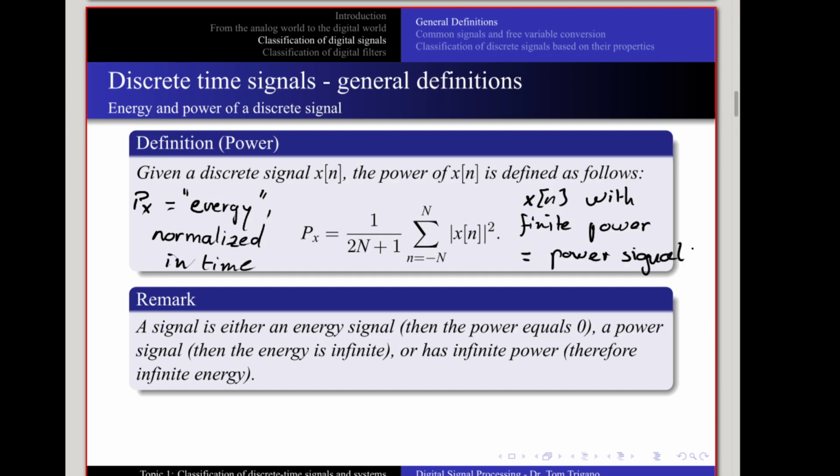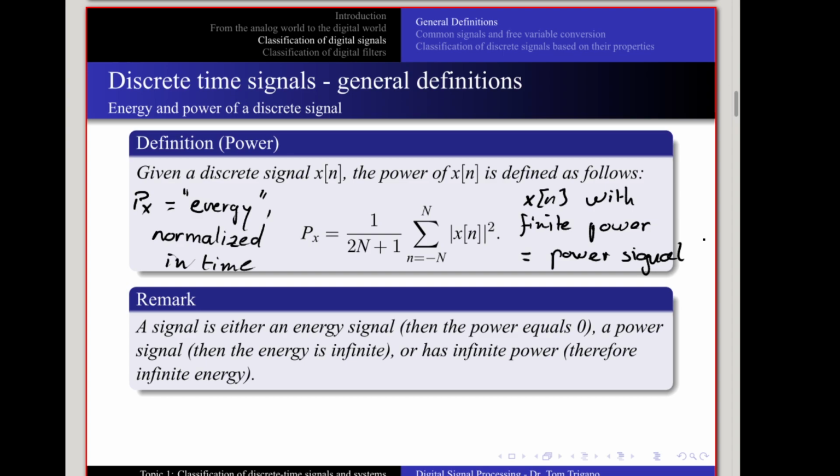In the previous class of signals and systems, we saw that a signal can be characterized either as an energy signal, or a power signal, or neither. The same characterization also exists for discrete time signals.